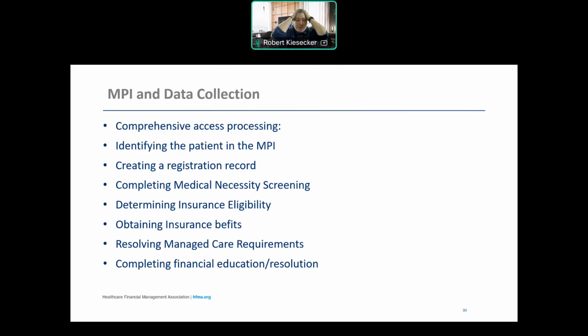Okay, so comprehensive access processing: identify the patient's medical record number or NPI, creating a registration record, completing any medical necessity screening, determining insurance eligibility and obtaining insurance benefits, resolving managed care requirements, and completing financial education and resolution. Okay. The first critical step for all patients arriving for service, scheduled or unscheduled, is verifying the patient's identification. Okay, making sure we have the right patient.